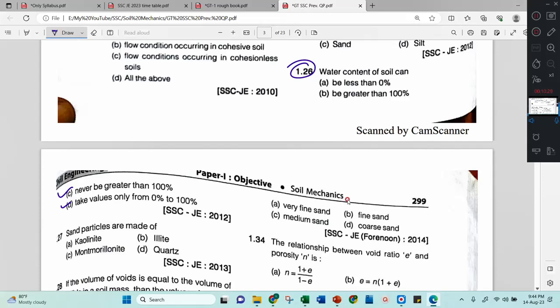No idea? First write down water content equal to mass of water by mass of solids.